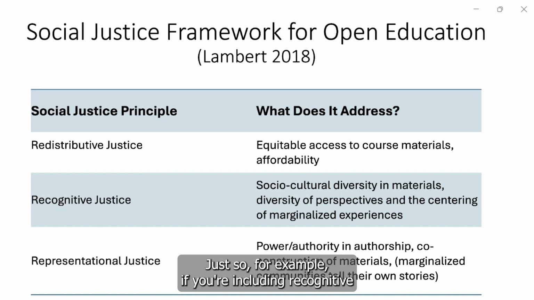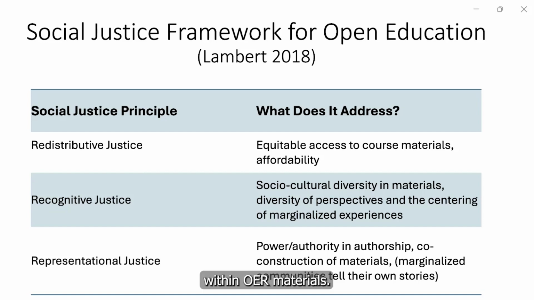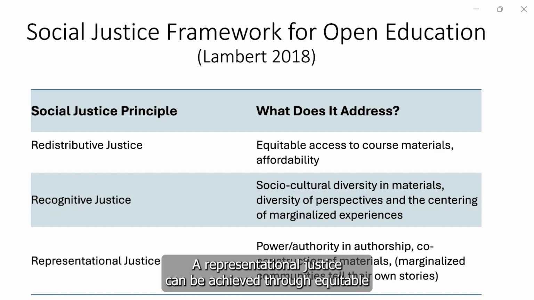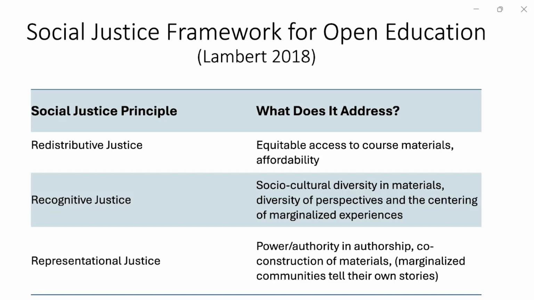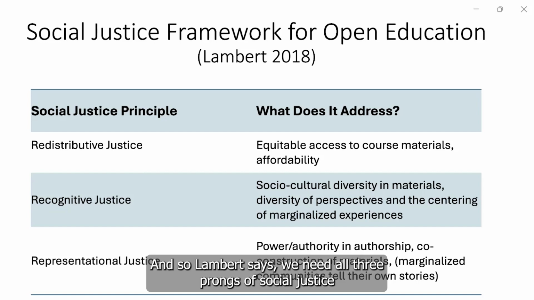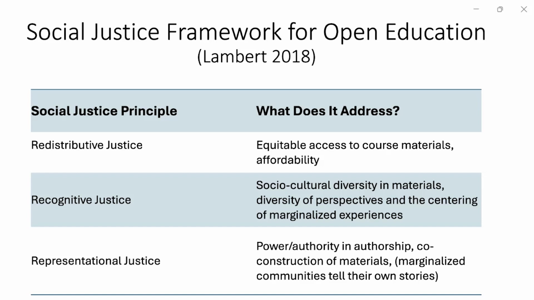For example, if you're including recognitive justice as you're adapting or creating materials, you can do that through respecting cultural and gender differences within OER materials. Representational justice can be achieved through equitable representation of marginalized voices as creators. And so Lambert says we need all three prongs of social justice to make OER creation programs responsive and equitable.